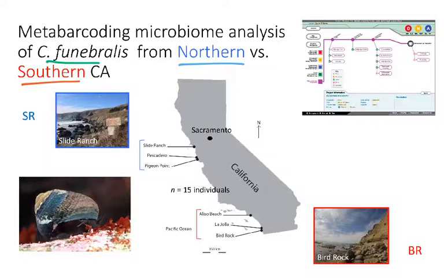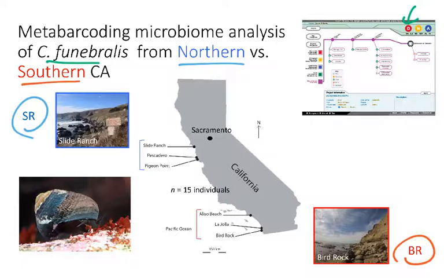We've worked with this data set before where we were looking at data from 6 different populations along the California coast. For this particular data set, I have samples from 1 northern population, Slide Ranch, and 1 southern population, Bird Rock. You would be using the same kind of data analysis, DNA subway, we've done before.